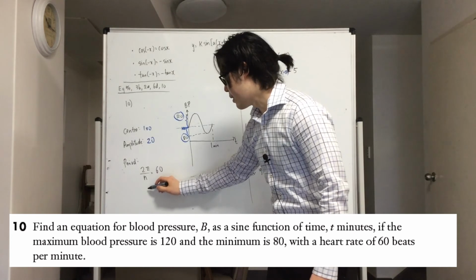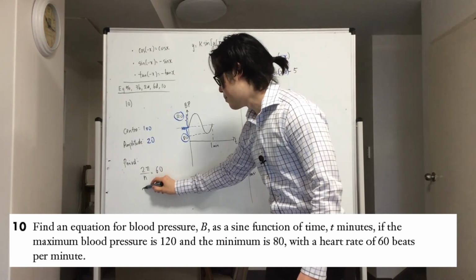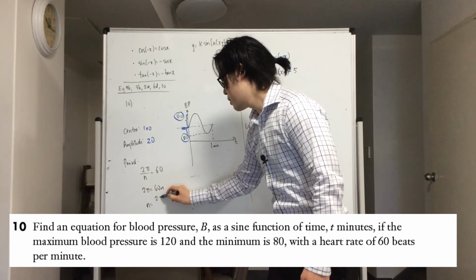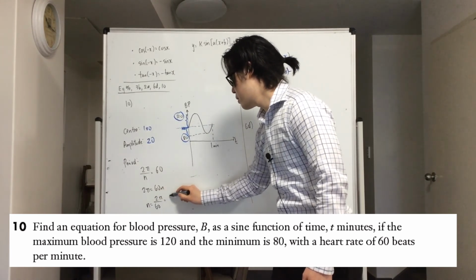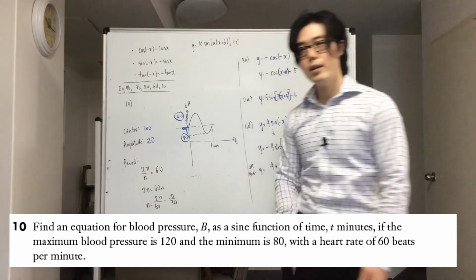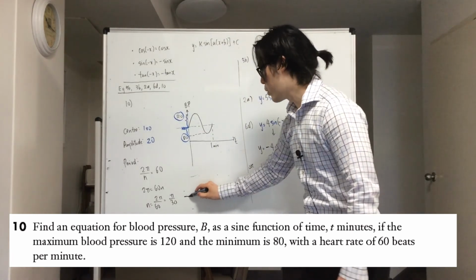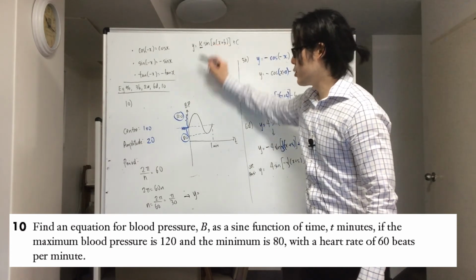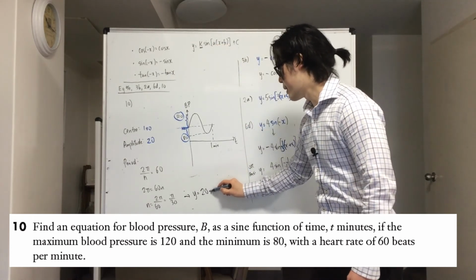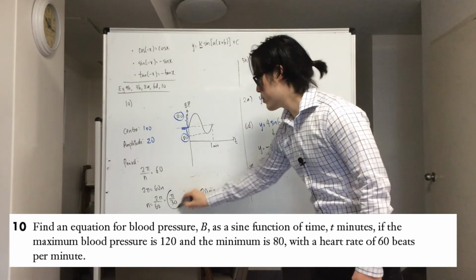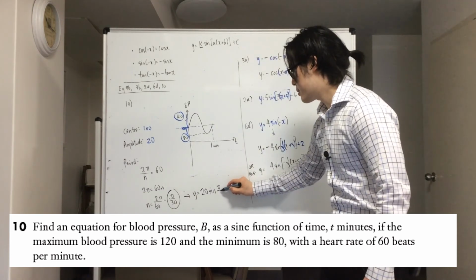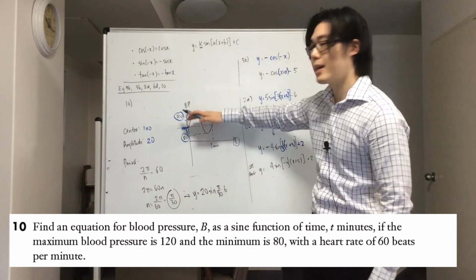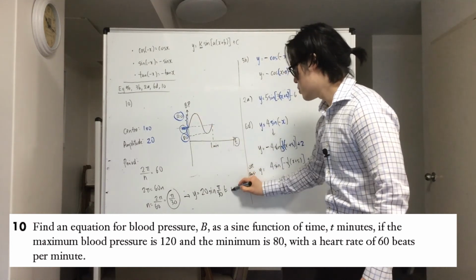If you work this out, it's pi over 30. So your final equation basically is y equals 20 sine, the number in front of the t is pi over 30, and then obviously it's been shifted up to 100, so that's your equation.